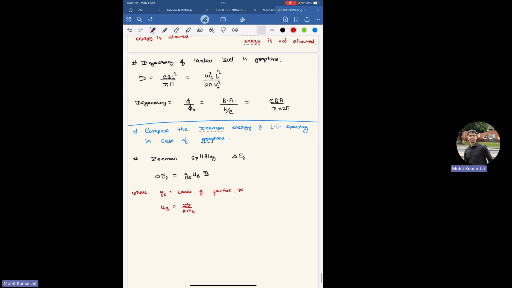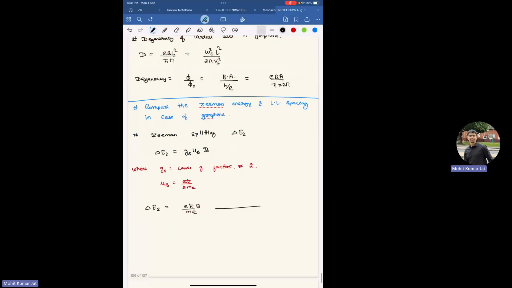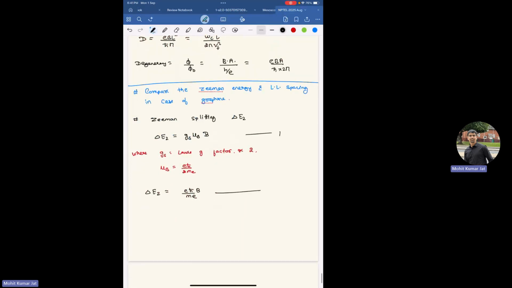So the g factor for graphene is roughly 2. So basically if you write delta Ez, it will be e h bar by me times B, right? So that will be equation number, let me call this question number 11 and this will be question number 12 for today's class.